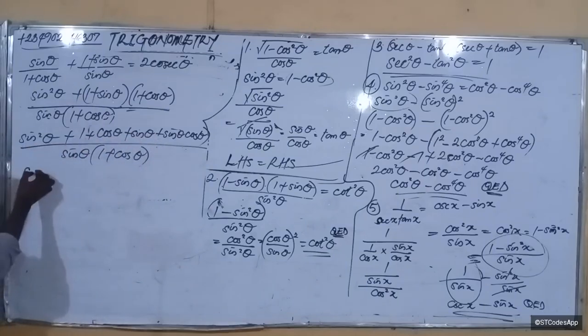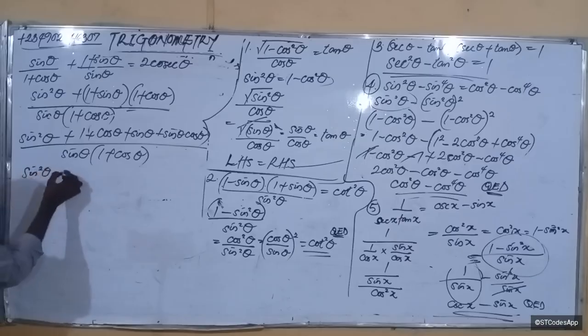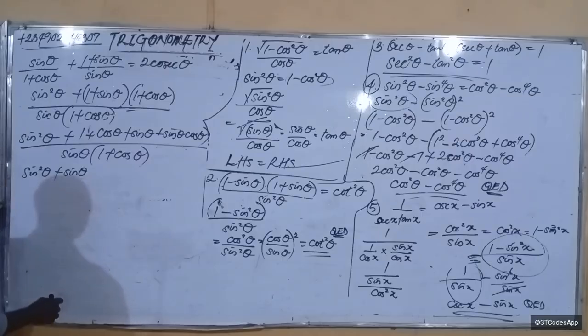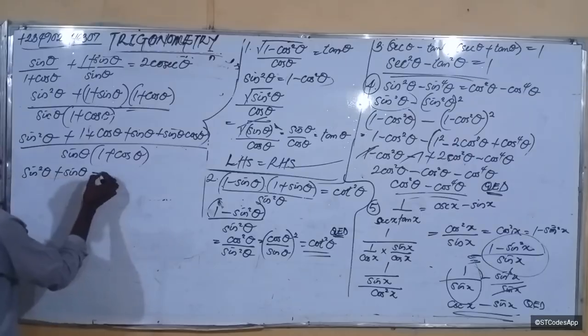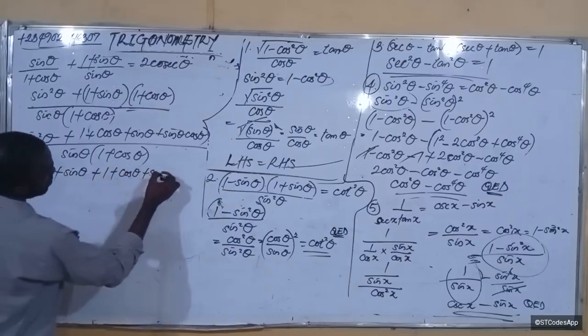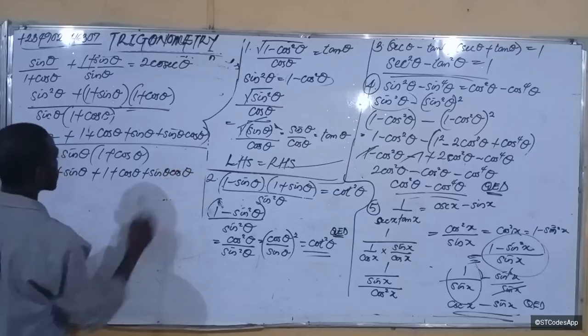That becomes sine squared theta plus sine theta, plus 1 plus cos theta plus sine theta cos theta.